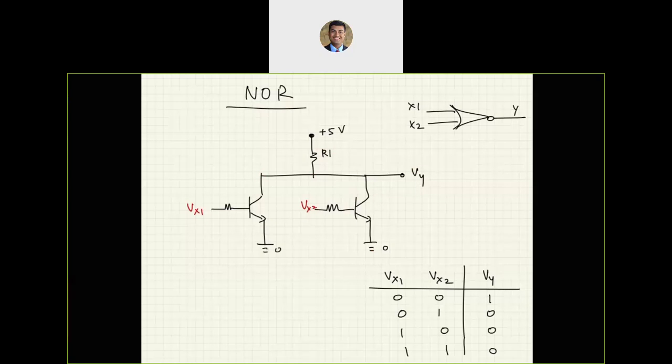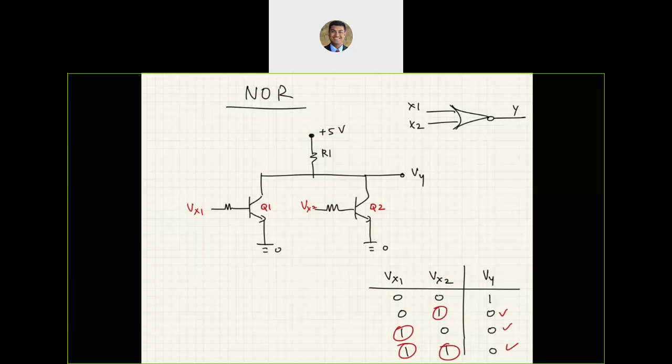So I will be able to read Vy as low when Q1 is on, or Q2 is on, or both are on. And they are on when Vx1 and Vx2 are high. So when they are high here or here, it is going to read ground.